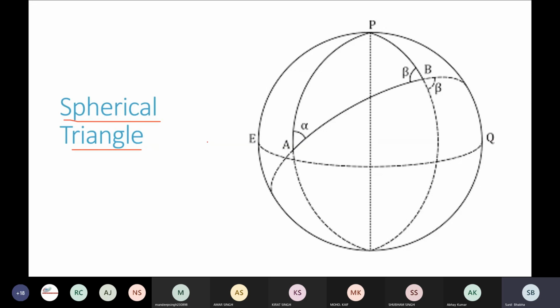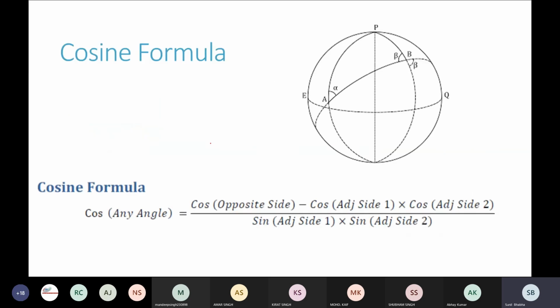The first one is cosine formula. Okay. So beta, the first formula which we use to solve the spherical triangle is the cosine formula.